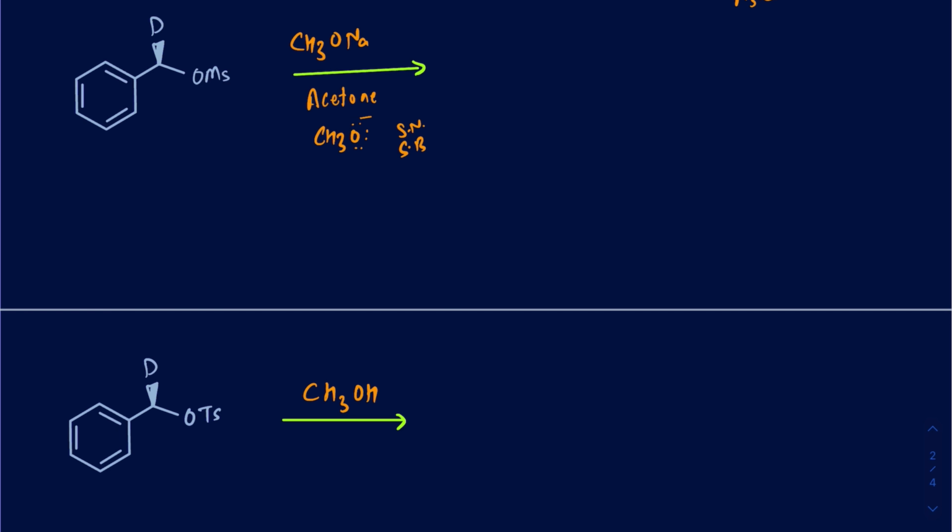So when I'm doing the SN2 mechanism, I want to go ahead and do the backside attack. When I do the backside attack, this is going to leave, and I want to make sure I have the stereochemistry inverted. That's the whole point when you're doing the backside attack. D is a form of a heavier isotope of hydrogen, so it's going to be deuterium. That's the only difference.